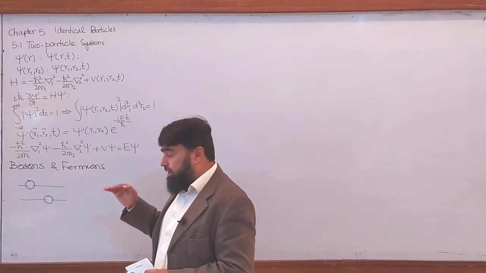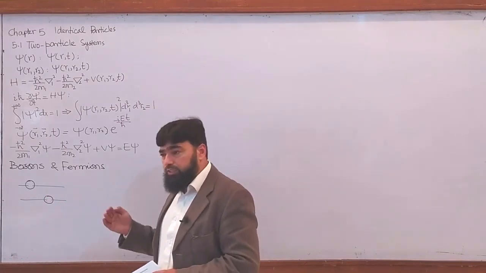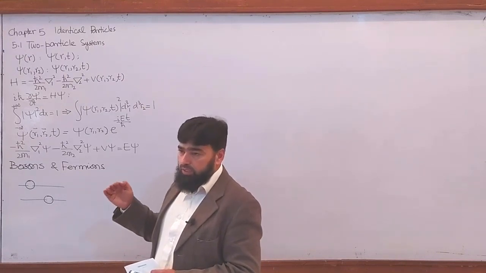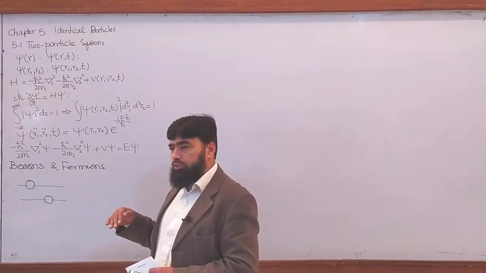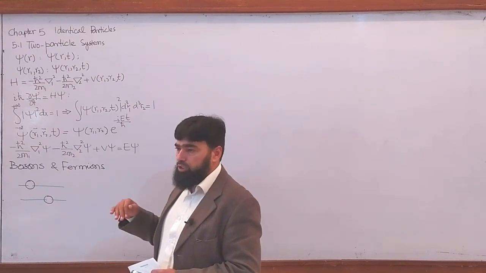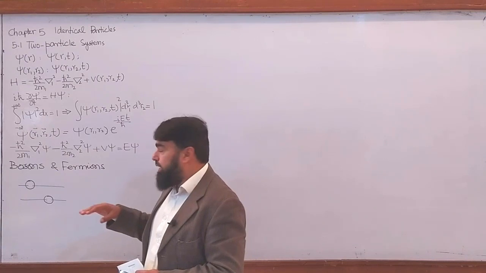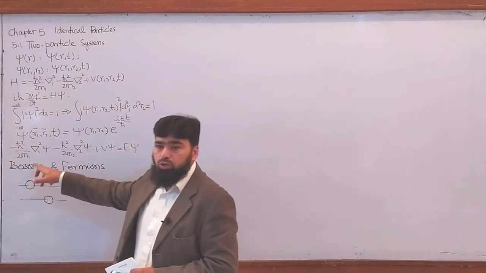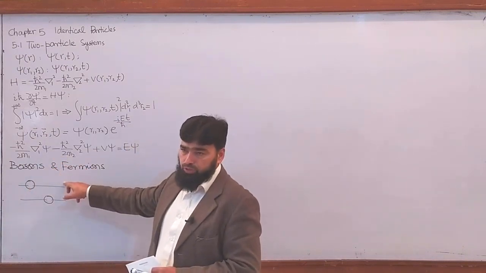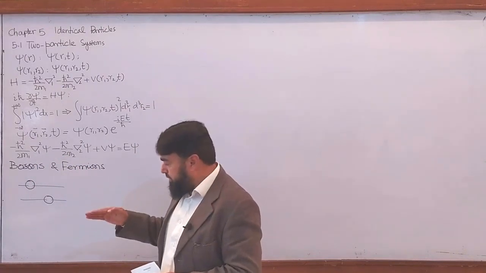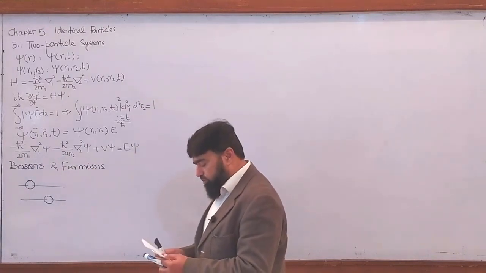Then I will apply to that particle whether it is identical or not, distinguishable or indistinguishable. Then among indistinguishable particles I will apply whether they are bosons or fermions. So we will apply these statistics one by one.